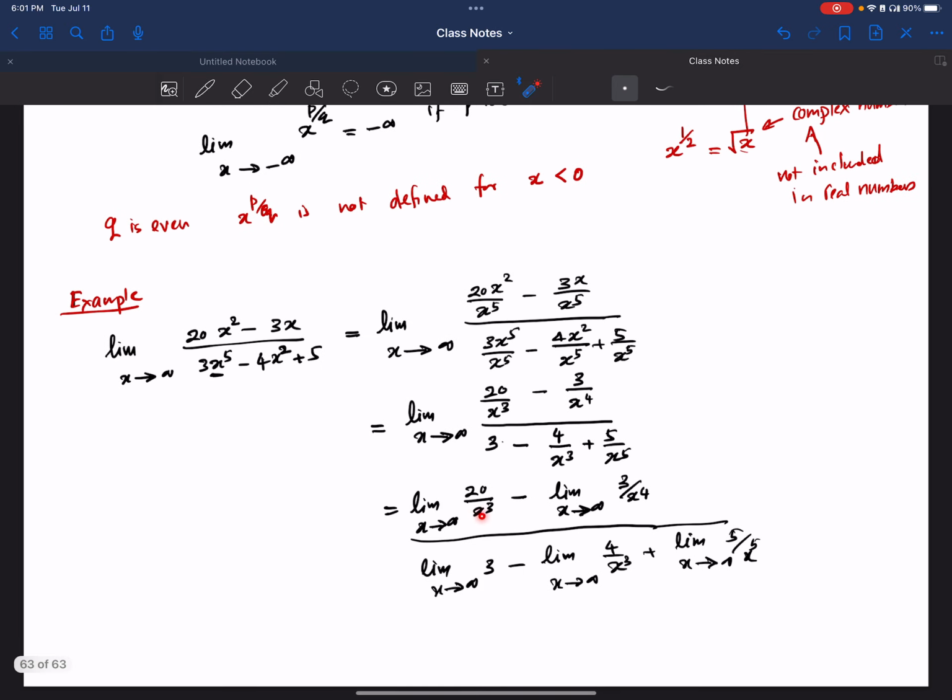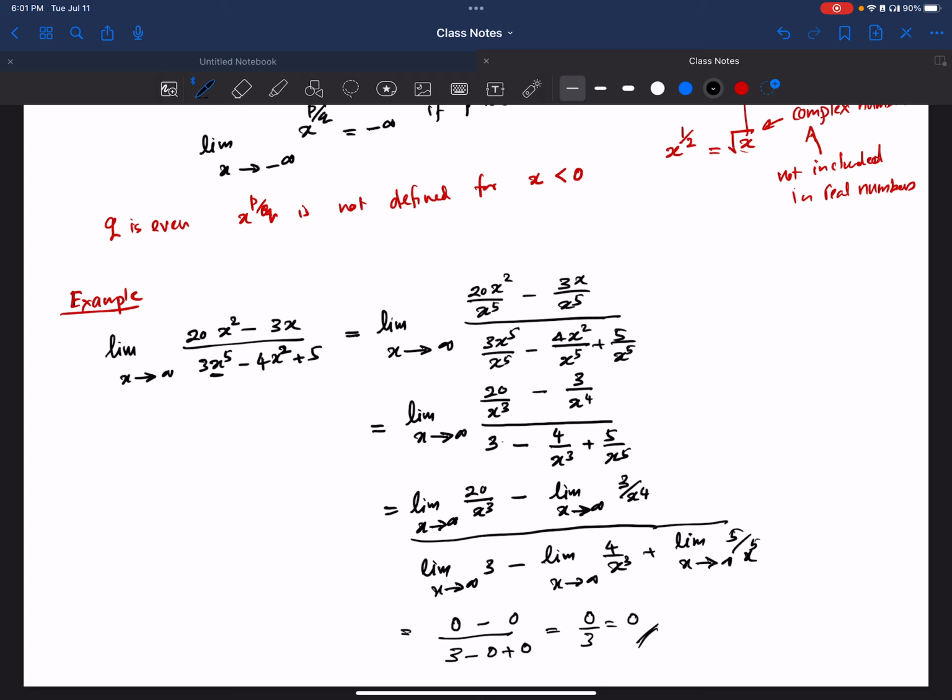So you have 1 over x to the power n in each of these terms. Everything goes to 0 except this one, which is 3. So we have 0 minus 0 over 3 minus 0 plus 0, so 0 over 3, that's 0. So the limit answer is 0.